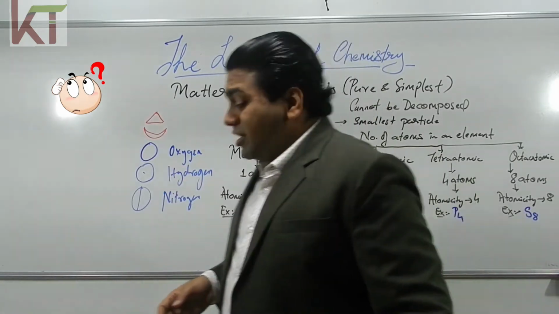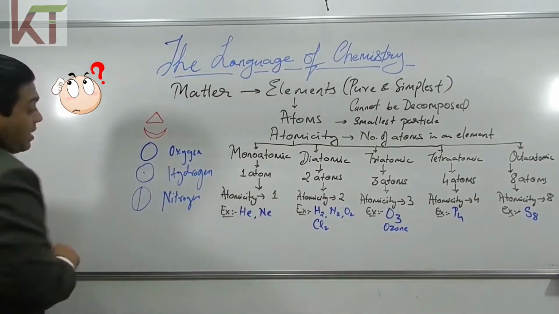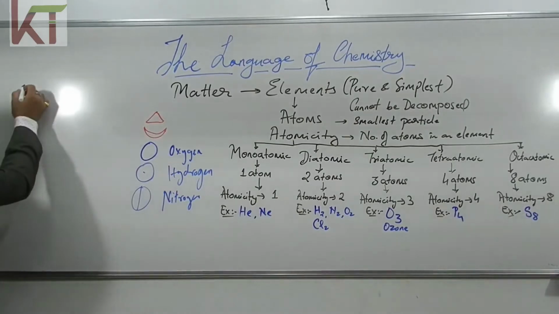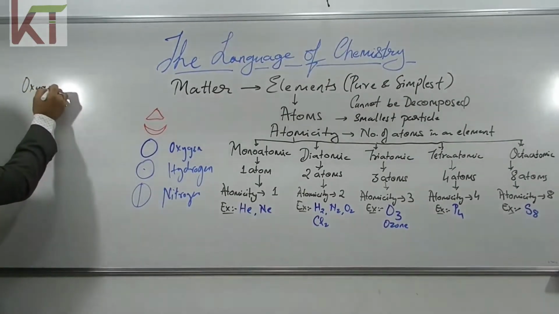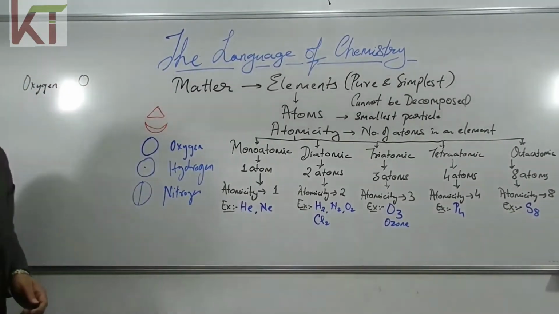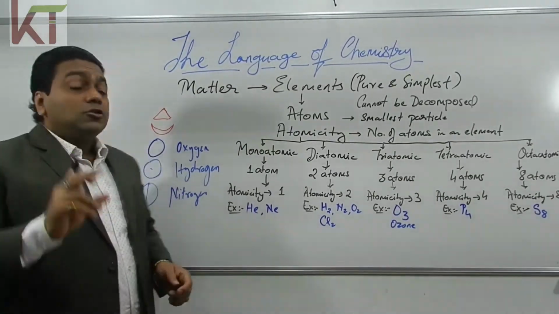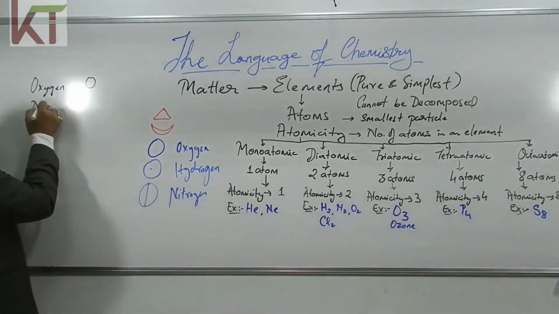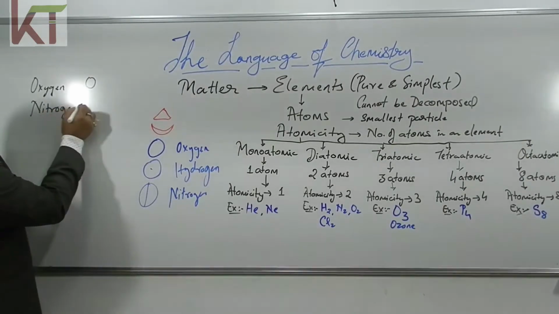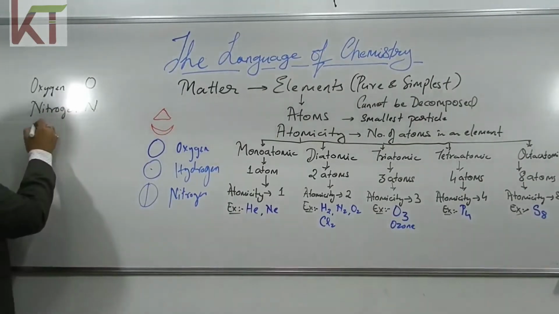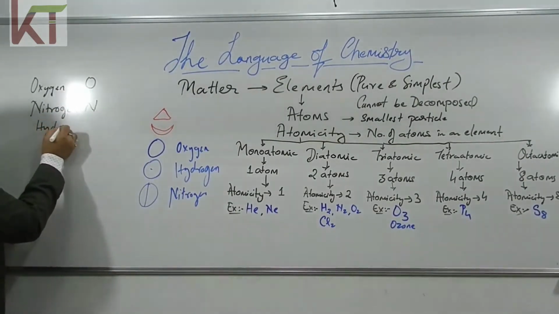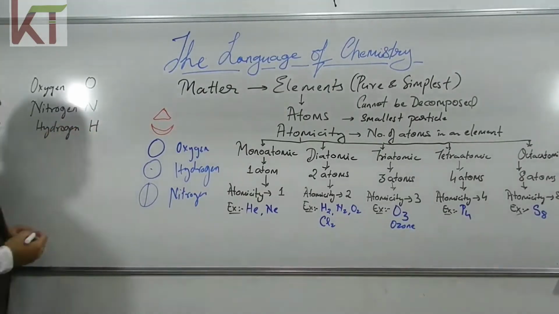So Johann Berzelius was the first who came up and said that for oxygen, I will use the symbol O. For nitrogen, I will use the symbol N. For hydrogen, I will use the symbol H, right?